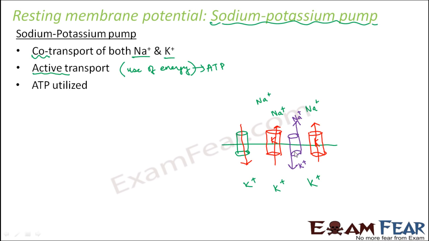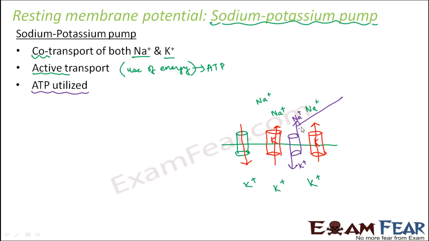So this happens against the concentration gradient because sodium concentration is more outside, but still the movement of sodium is happening from low concentration to high concentration at the expense of energy. Similarly, the movement of potassium is also happening at the expense of energy. And what is that energy? That is nothing but ATP. Now, what is the net result of the transport by sodium-potassium pump?